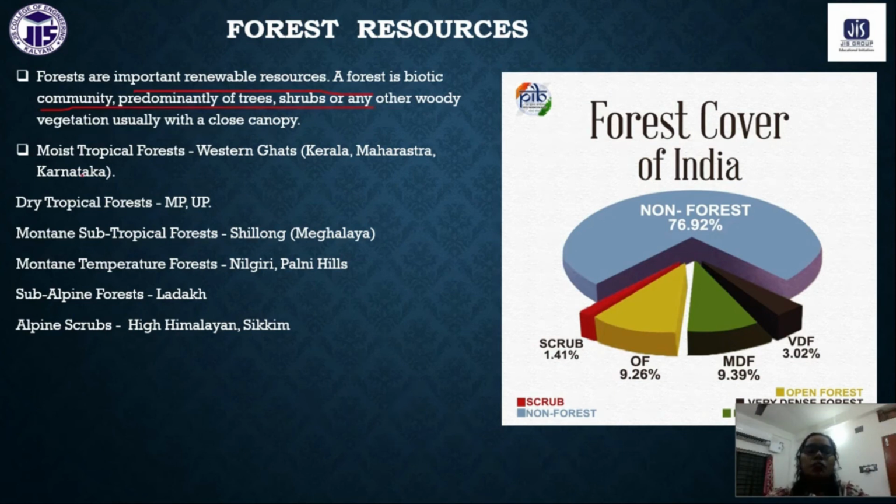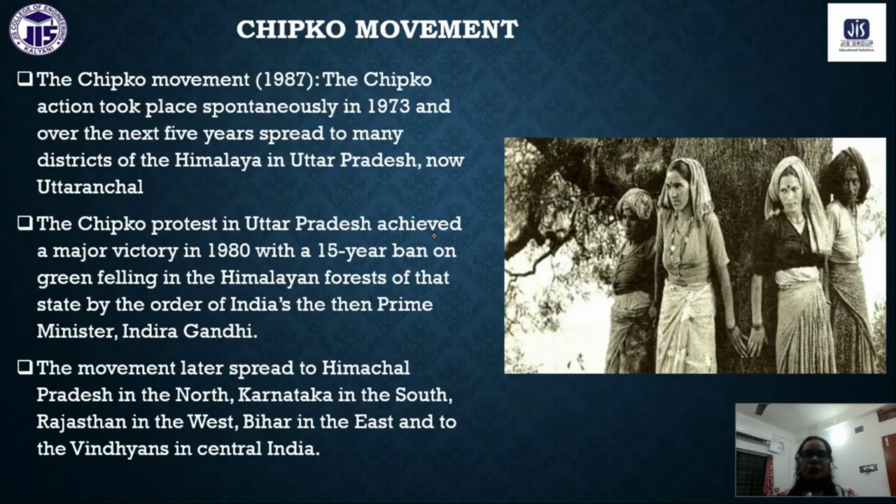Most tropical forest we have is in the Western Ghats, that is Kerala, Maharashtra and Karnataka. Dry tropical forest we have in MP and UP. Okay, so these are some of the types of forest that we have. This is the forest resources.